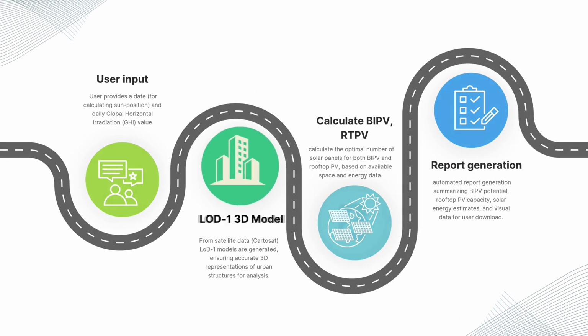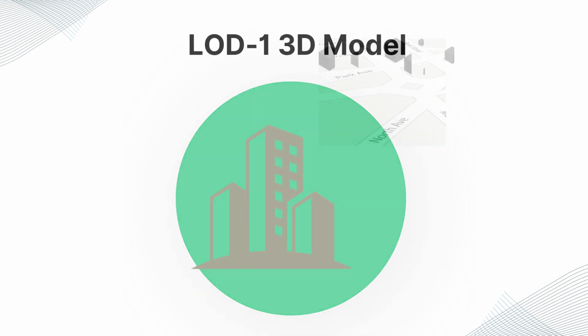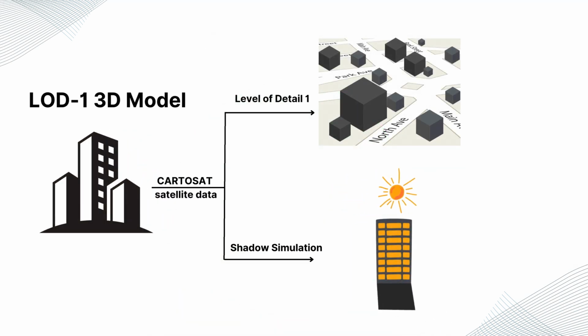LOD-1 3D city model. The LOD-1 city model offers a simple yet effective visual representation of urban environments, enabling us to simulate shadows on buildings and understand how sunlight interacts with the cityscape. The visualization is essential for urban planning and energy optimization.